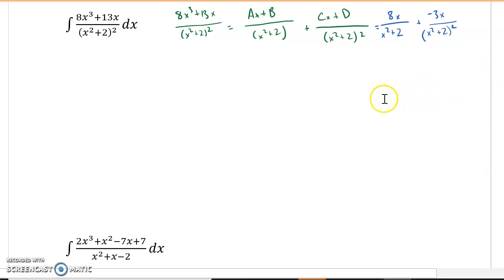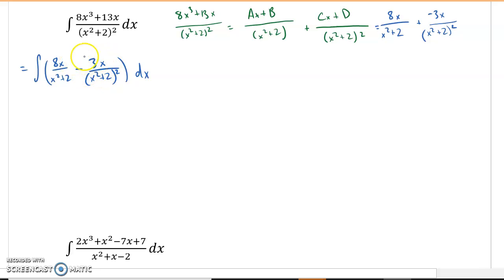All right, so now we can integrate this. This original integral is equal to a new integral of 8x over x squared plus 2. I'll go ahead and change that to a minus 3x over (x squared plus 2) squared. And we'll notice that both of these denominators have an x squared plus 2.